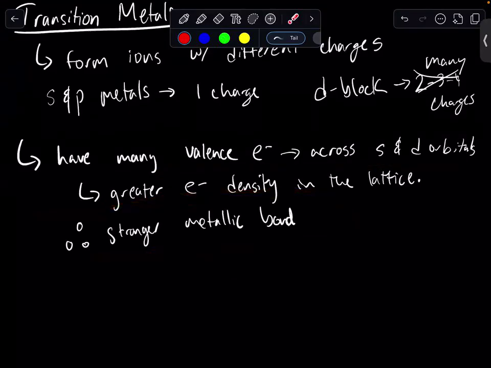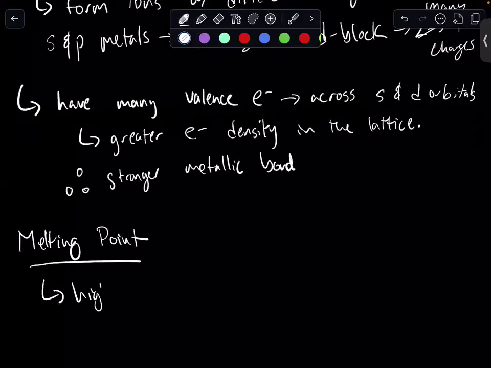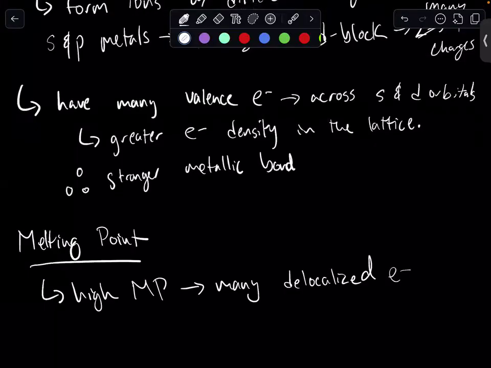And this follows the same trends that we talked about before with our S and P block metals. Starting with melting point, we're going to expect a very high melting point, and that's due to many delocalized electrons creating a strong bond.